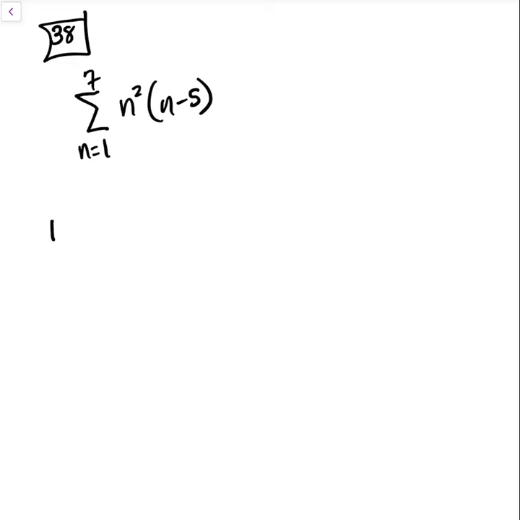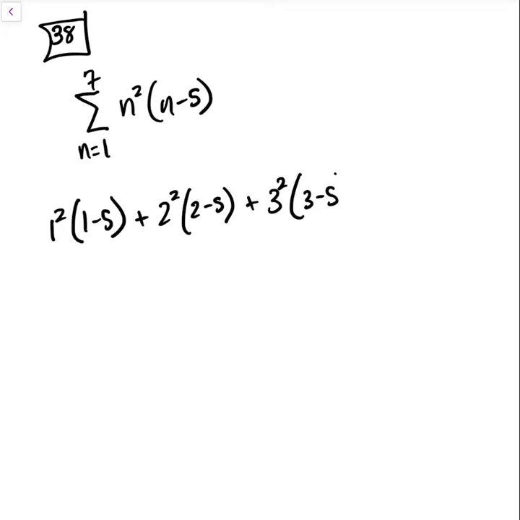My lower bound is 1, so that'll be 1 squared times (1 minus 5), plus 2 squared times (2 minus 5), plus 3 squared times (3 minus 5). Then I'm going to skip ahead and show you what it looks like when I have them all down.